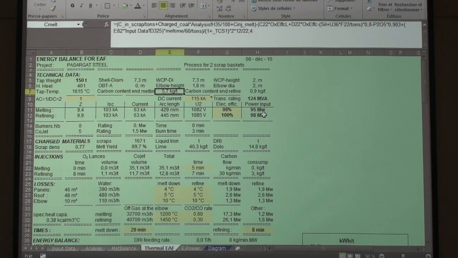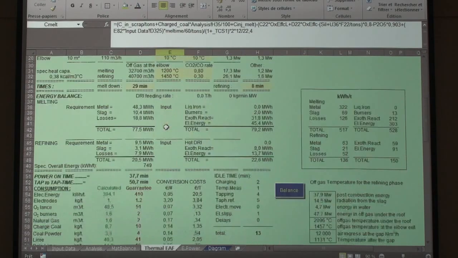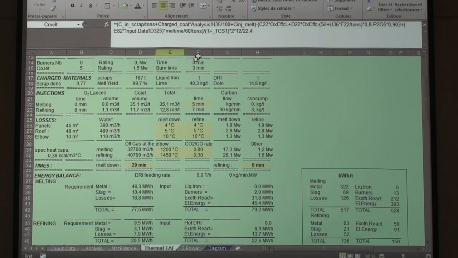So, the next stuff, but this is just for indication. This is the carbon content at the end of the melting phase. So, more or less it's the same logic. You have the carbon in scrap plus the charged carbon. Charged carbon is what we have calculated here, times the analysis, plus the carbon injected during the melting phase, minus the oxygen, the lances, the cojets.